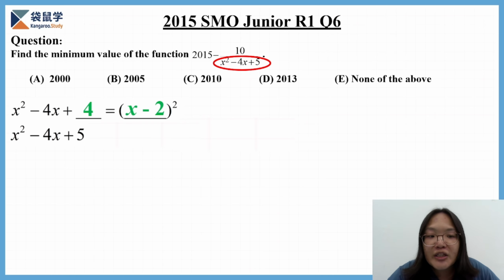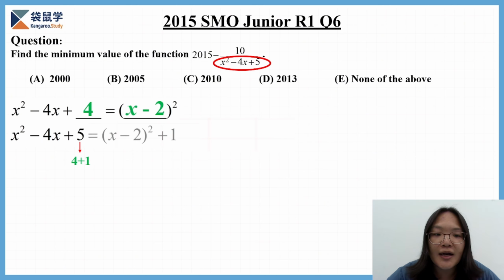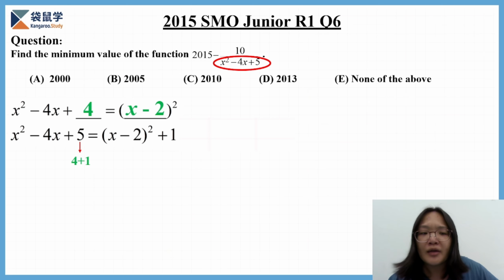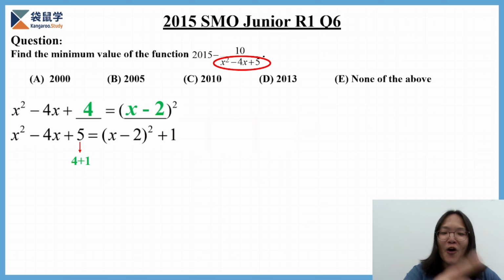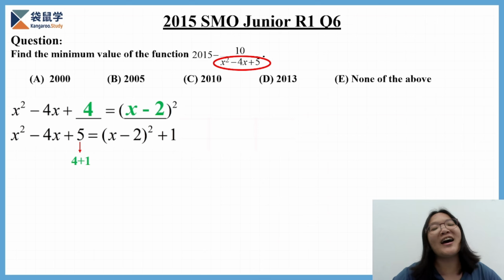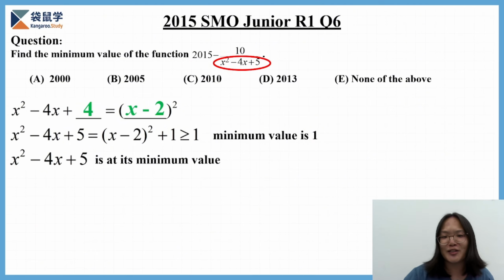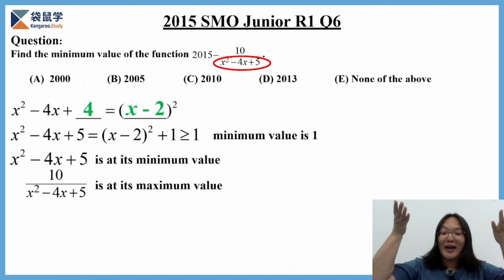And for the denominator, it has plus 5 instead of 4. So we can write it as a perfect square plus an extra 1. Then tell me what's the minimum value for this thing? It's simply 0 plus 1, which is 1. So we know the denominator's minimum value is 1. And when this denominator is minimal, we know the whole fraction is maximized.